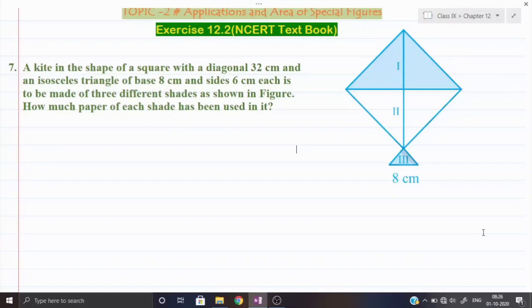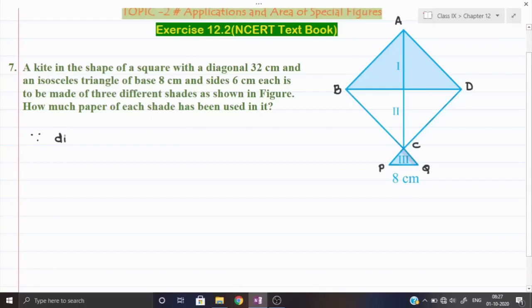Suppose this is the shape of the square and I give the name of this square as A, B, this one as C and this one as D, and these 2 points I can name as P and Q. Okay, so now see what we have been given here, the length of the diagonals BD and AC.